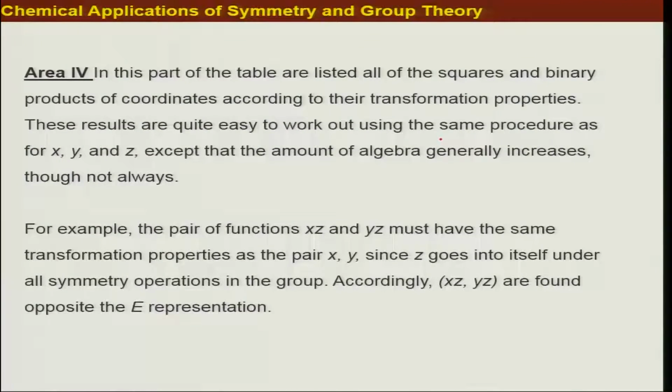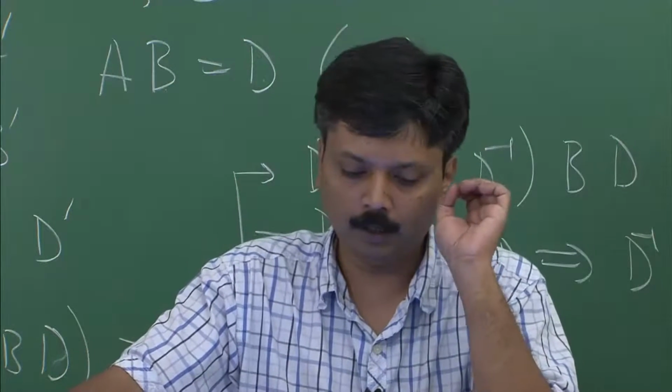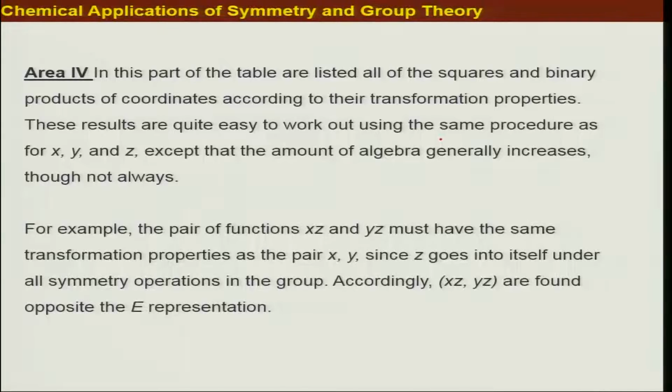Now let's look at area 4. So area 4 also you will see certain functions which are like binary products of x, y and z. So it may be either x y, x z, y z, or x square, y square, z square, and so on. So this pair of functions must have the same transformation properties as the pair x y, since z goes into itself under all symmetry operations in the group.